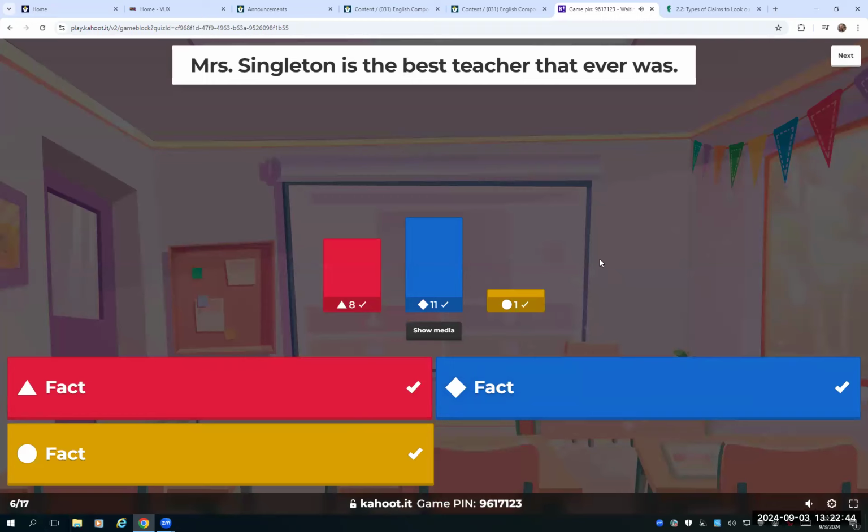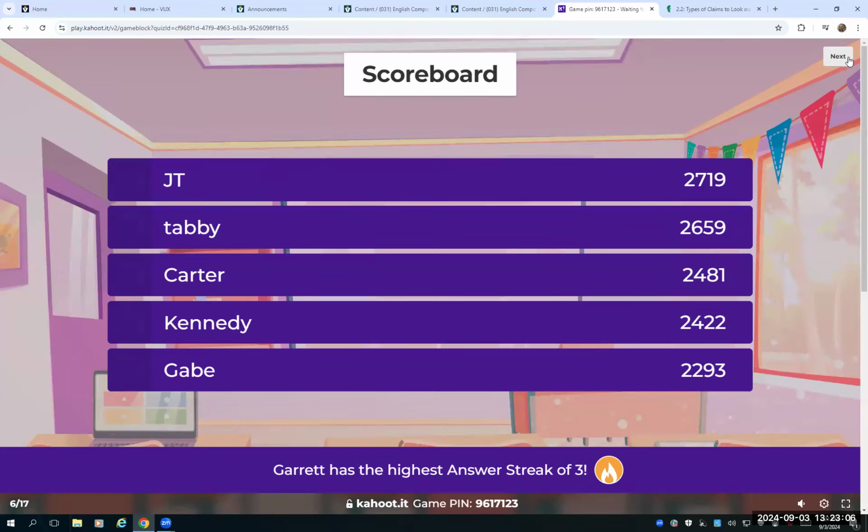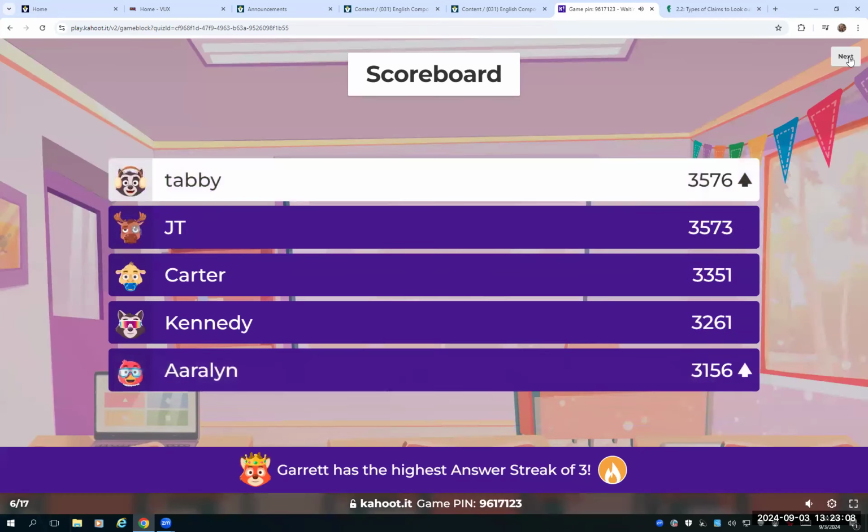No, but that's seriously a joke here. But if we were looking at this, what would it be? Fact, policy, or value? We're saying she's the best. Value. Yep, claim of value. How good or bad something is.